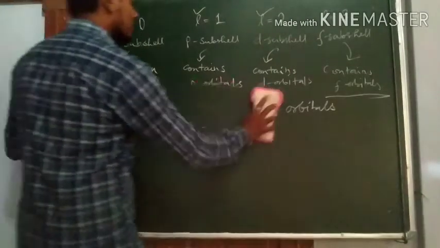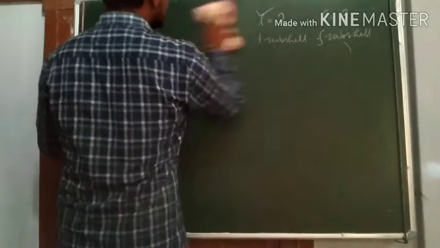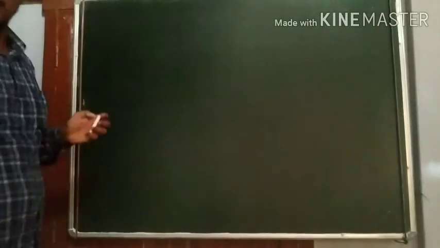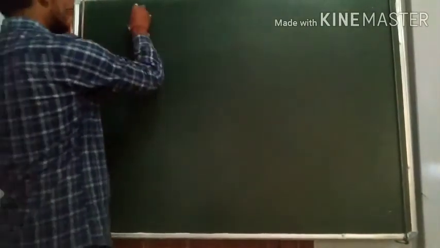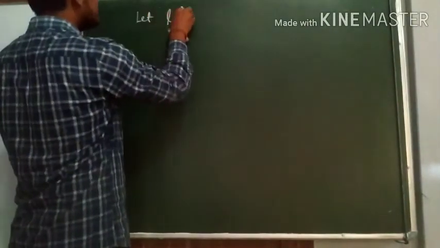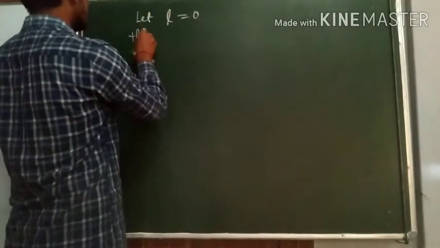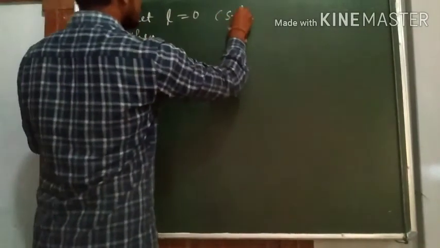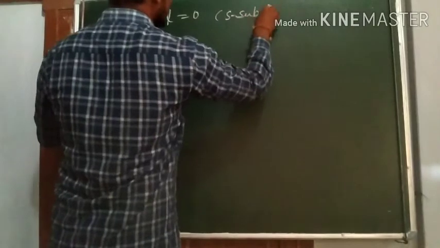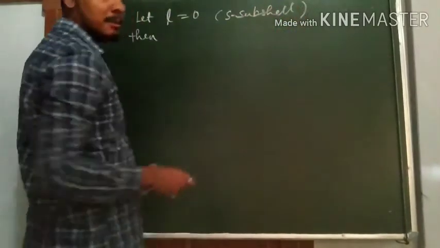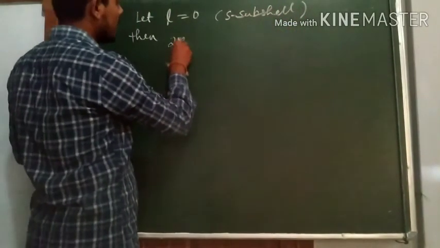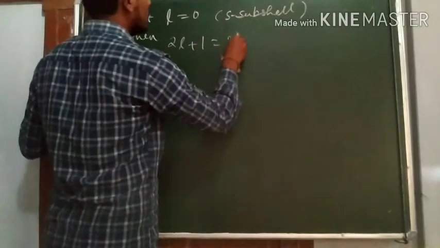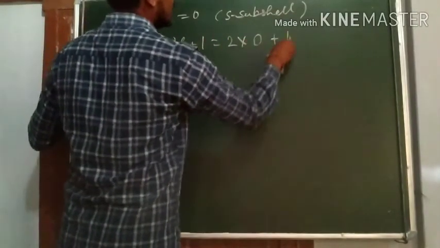Now, let us take an example. Let L equal 0. Then that is the S subcell. Twice L plus 1 equals 2 into 0 plus 1 equals 1.